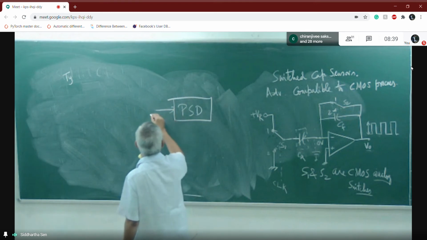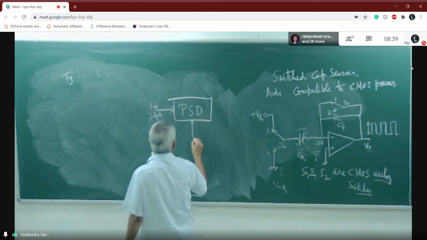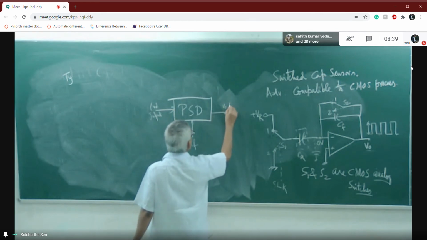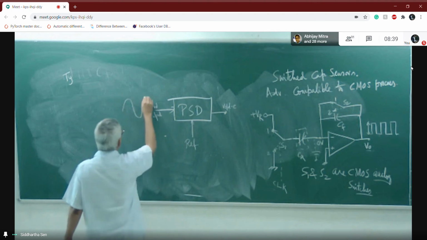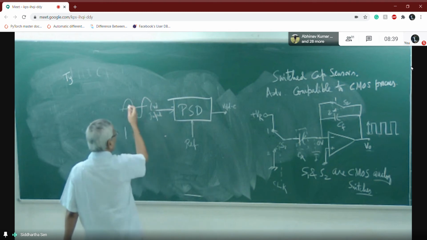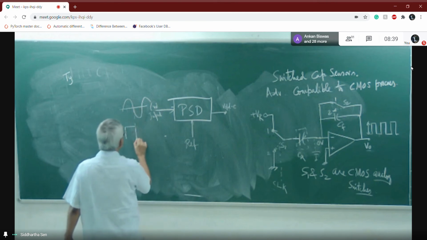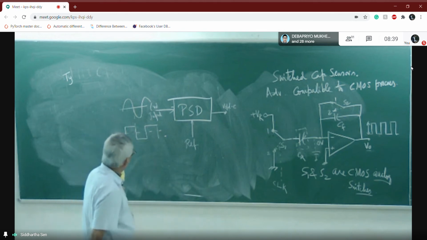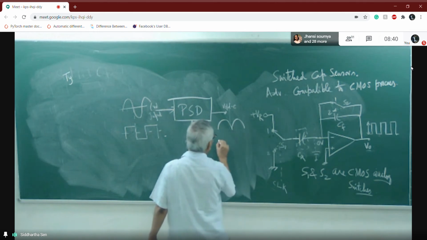This is your input, that is basically V0 in this case, and we have got a reference, and this is our DC output. The input voltage's magnitude is varying, and for the reference we take the same input voltage at the same frequency and put it through a comparator, and do the phase sensitive detection.